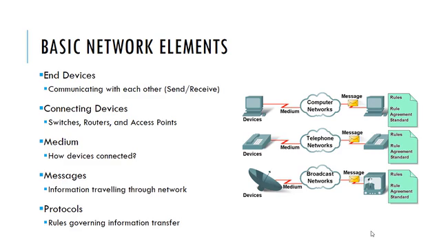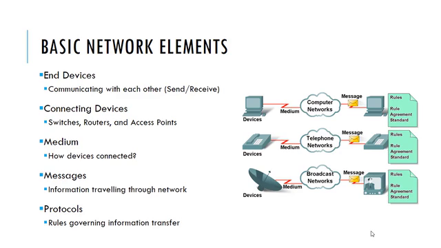The medium used through the network specifies how these devices are connected. Are they connected in a wired way or in a wireless way? Are they going to use the cables or the air as the medium of connection? Messages.